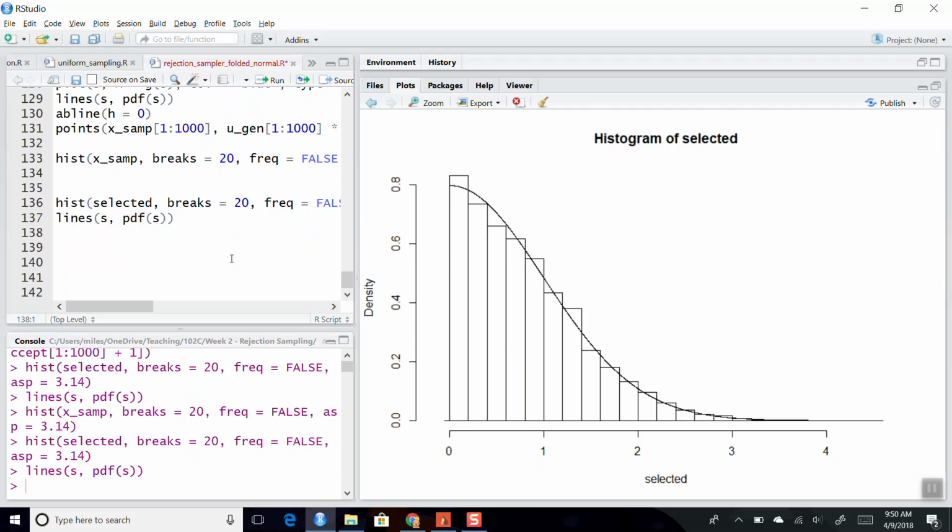Now, how do we go from the folded normal? This is just mostly for your homework. Because the normal distribution is symmetric, I can basically take any of these values and then flip a coin with probability 0.5 to decide whether this should be a positive value or a negative value. And if we do that, then we will no longer have the folded normal, but we will just have the regular old normal distribution.